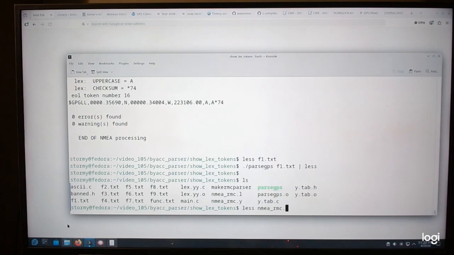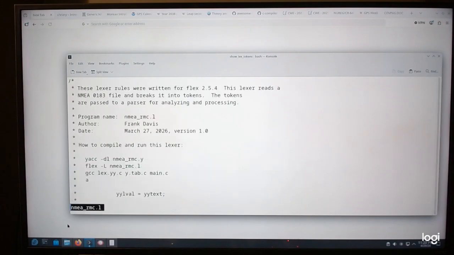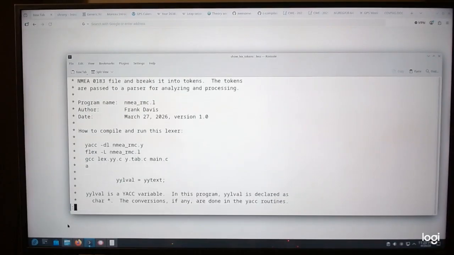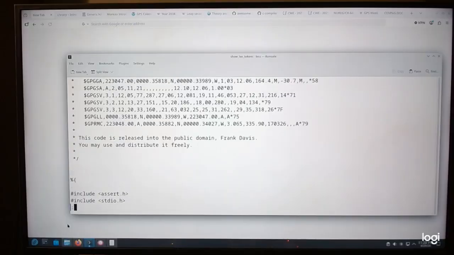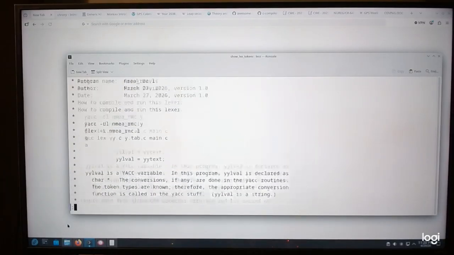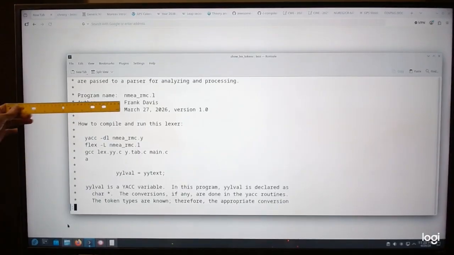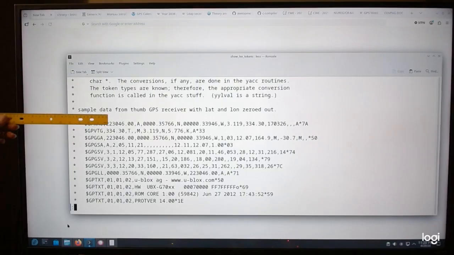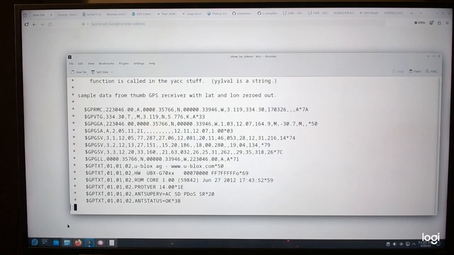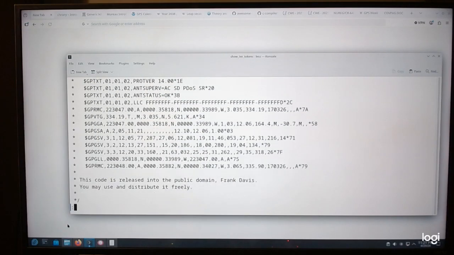If you've never seen Lex, let me back up. Whenever I write a Lex program, I always put some sample data in there to show me what I'm trying to scan and parse.